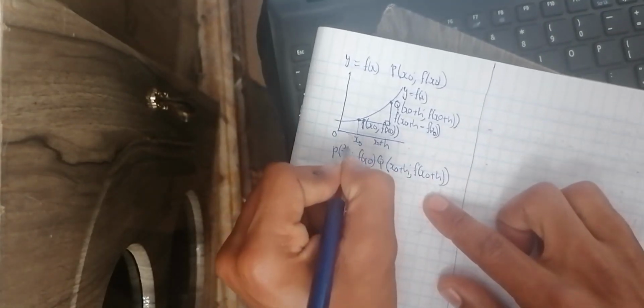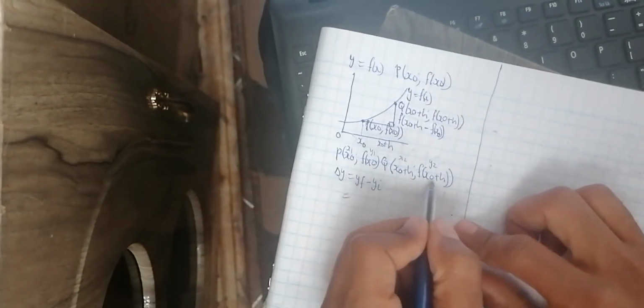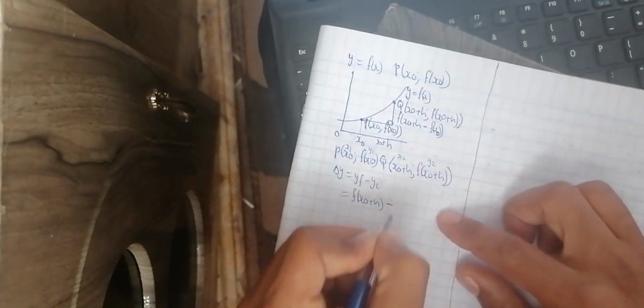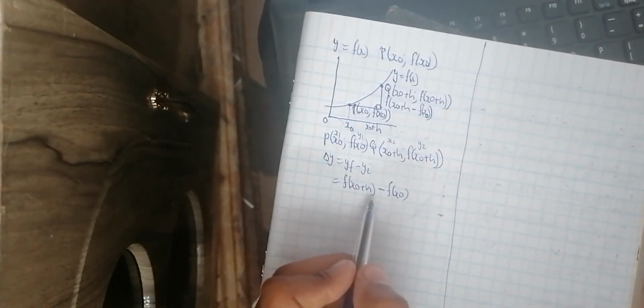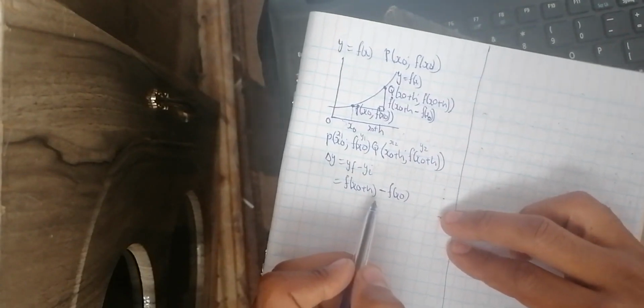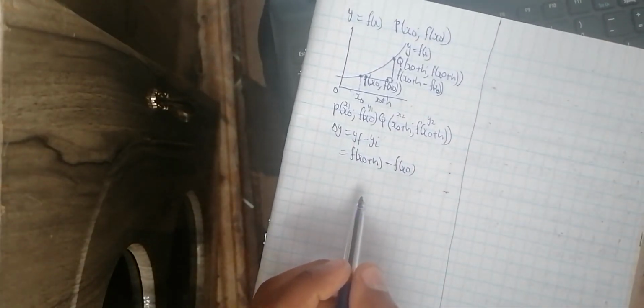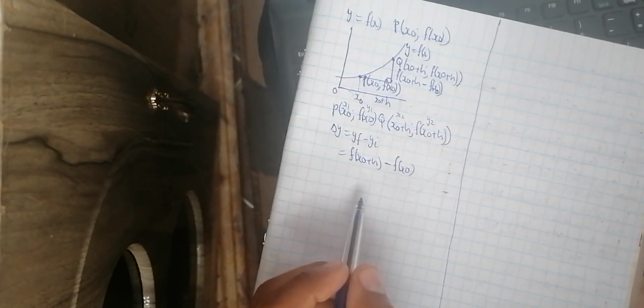So remember, this is x1, y1, x2, y2. That would be y final, which is F at XO plus H, minus y initial, which will be F at XO. This is exactly what we are having there. I think now it's making a lot of sense. Okay, that is fine. So we have the coordinates and so on. Everything seems to be fine. So we are therefore saying, we then investigate the limit of the slope as H approaches 0.